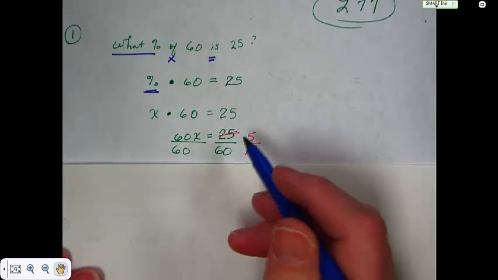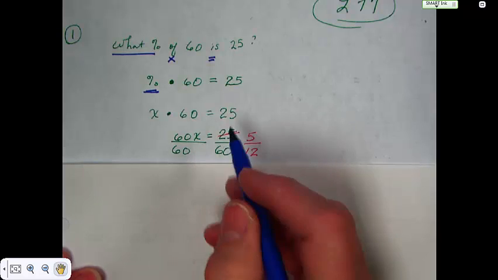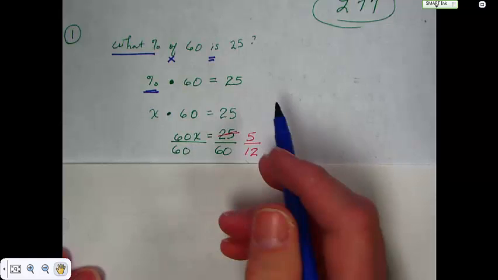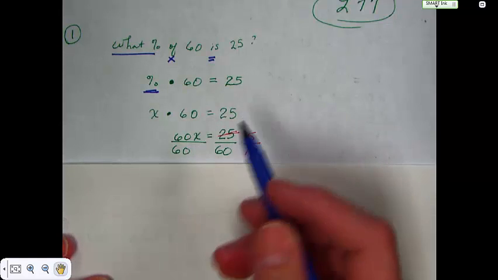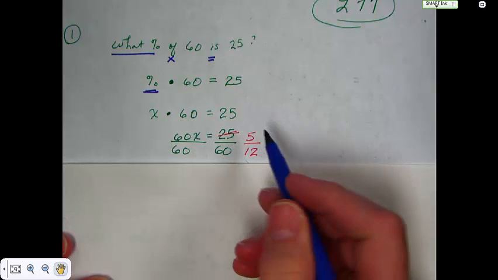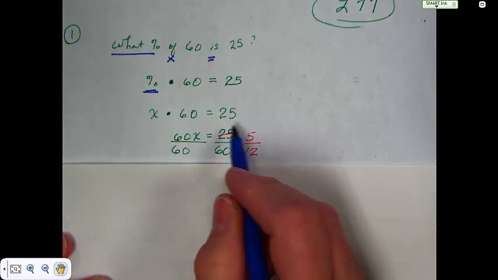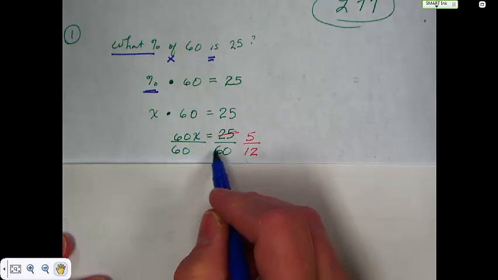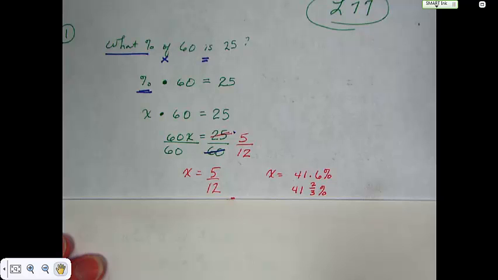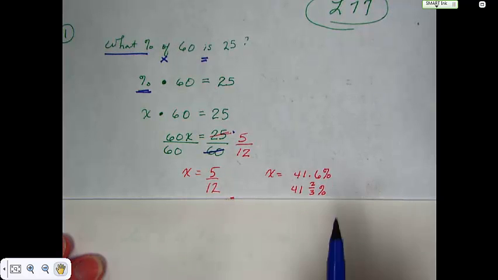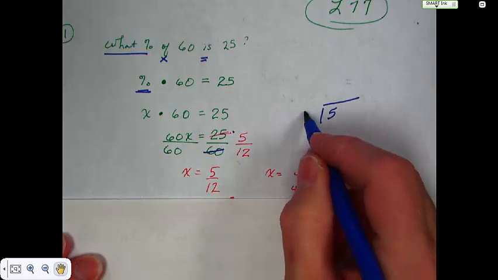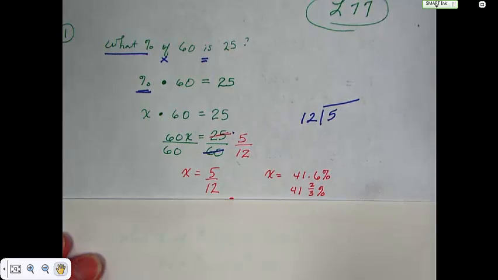Now, you know that we can get rid of the 60 by dividing, because we've been doing these one-step equations for a while. So we divide both sides by 60, and when we do that, we take 5 into 25 and get 5, and 5 into 60 and get 12. 5 twelfths is the fraction, but then you have to take 5 divided by 12 to find the percent.